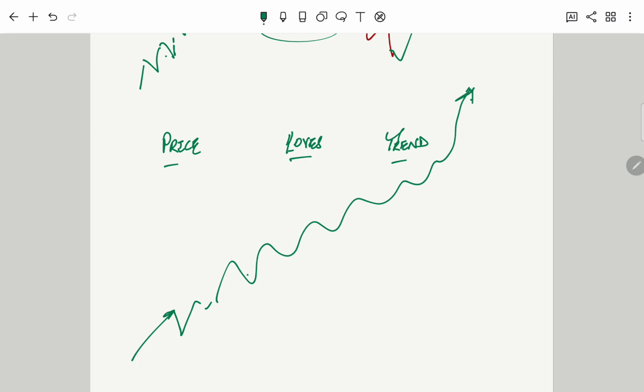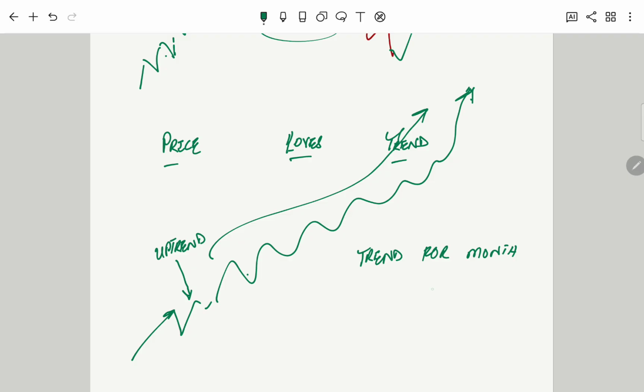Okay? That means if there is a way for you to identify that the price is in an uptrend over here, you can benefit from this whole pump which happens over a prolonged period of time. Trends last for months, for years, or at least for weeks, right?